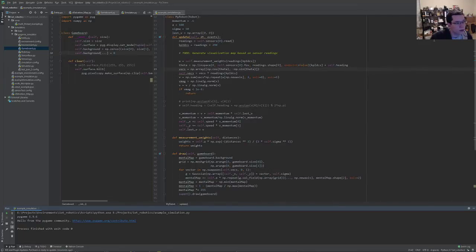New window. There we go. Let me bring it up so you can see what I'm doing. Oh, yeah, it's visible. Cool. That's the wrong PyCharm.